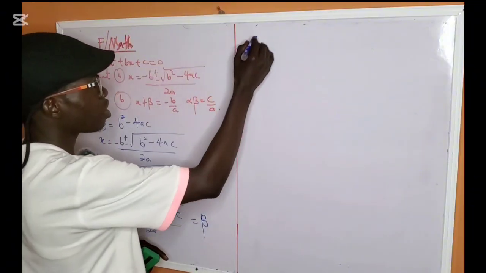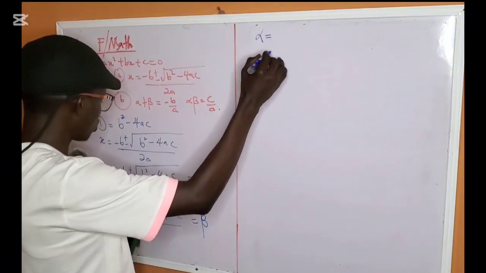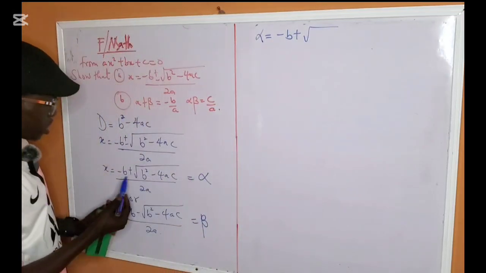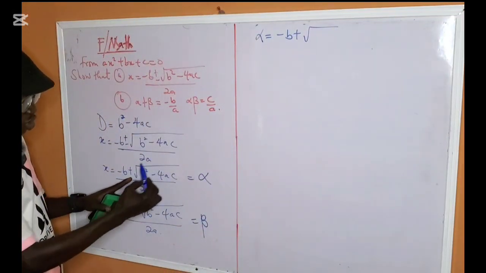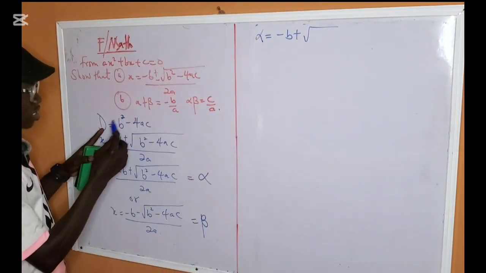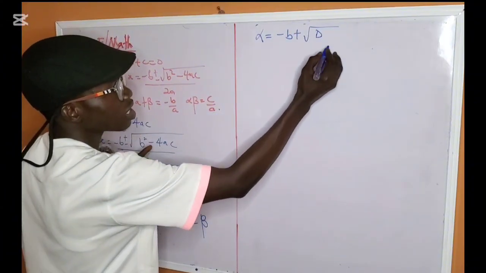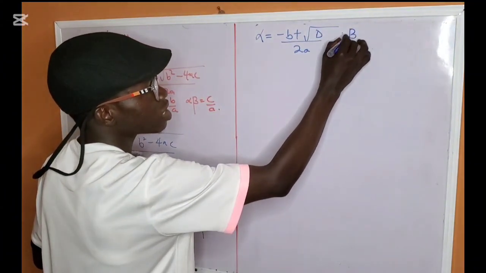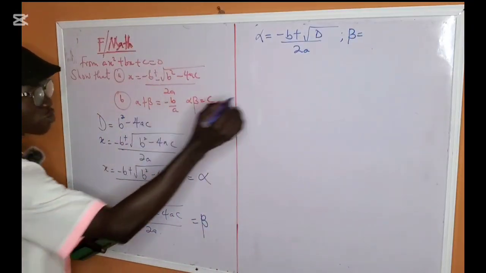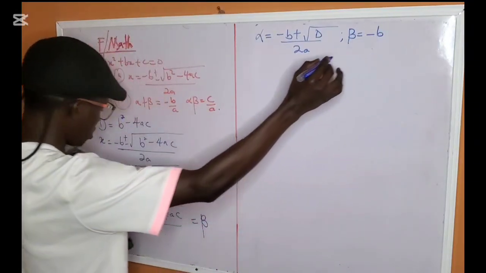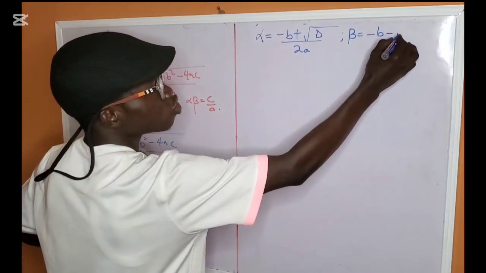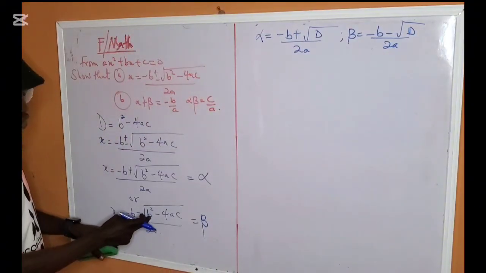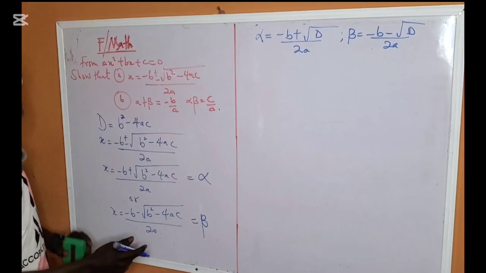Okay, so therefore, alpha will equal to minus b plus root, this is alpha, minus b plus root b squared minus 4ac is our d, so I'll just write d, and over 2a, then our beta is going to be minus b minus root d over 2a. It's still the same thing. b squared minus 4ac equals discriminant d.